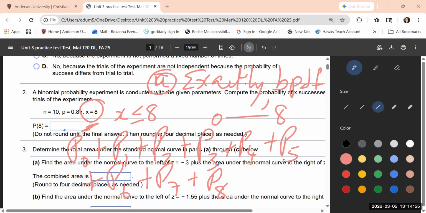So whenever you are told to find the probability of a random variable x less than or equal to maybe 8, it is easier to use the binomial cumulative density function. Because if I do it one by one, it means find P0, P1, P2, P3, P4, P5, P6, until you get to P8.